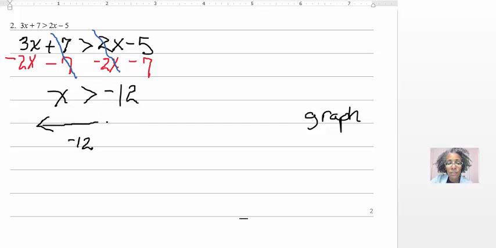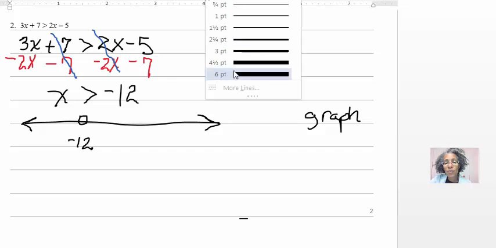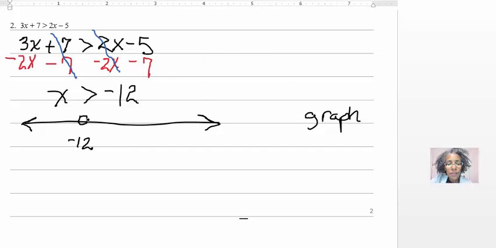That's why it's not included. Alright, so above the negative 12, I have an open circle. I want to make sure it's clear that that's open. And then I'm going to shade everything to the right. And there it is. That's my number line graph.